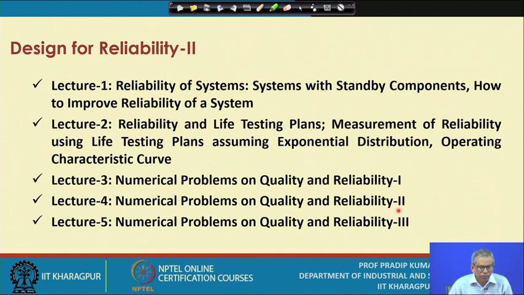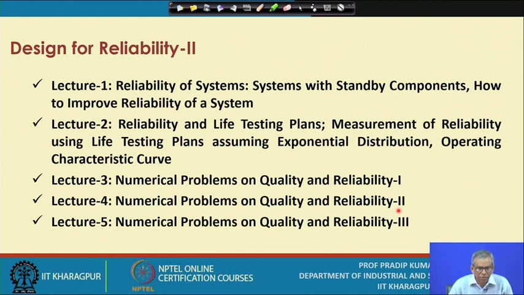In lecture 2, I will be discussing reliability and life testing plans. That means the main issue is how to get an estimate of the reliability of a component or a system. So, which procedure you should employ to estimate reliability, and for which many a time we refer to reliability and life testing plans.